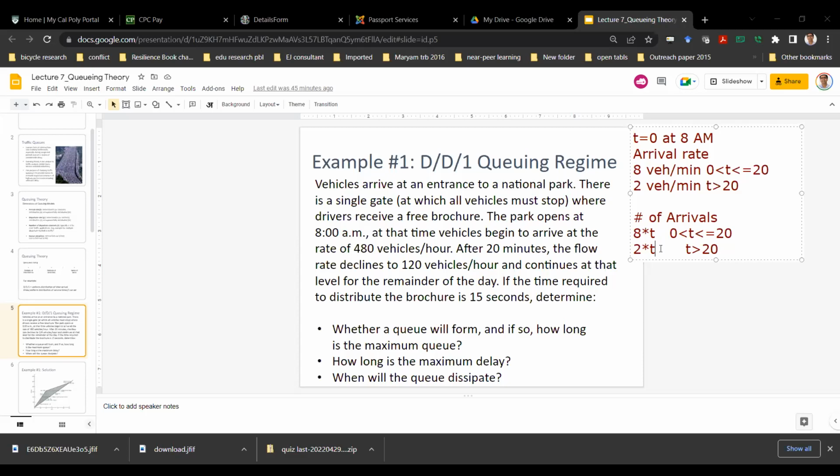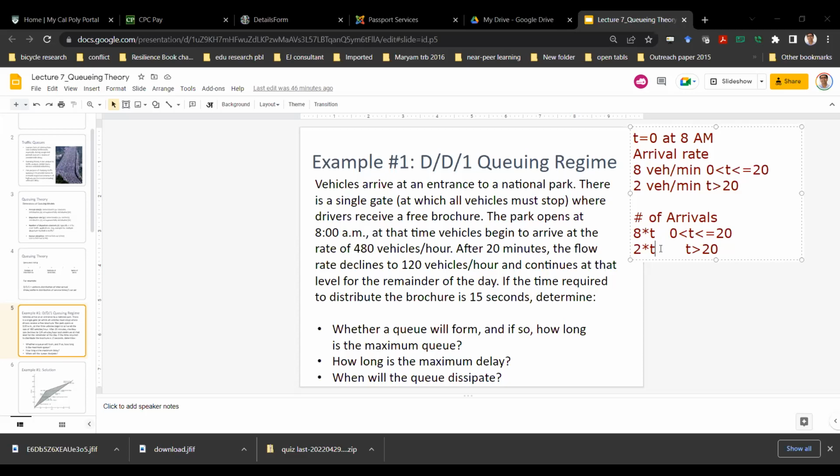So you're applying the top equation, 8 times t, that's perfect. But now let's think about how many vehicles would have arrived at t equal to 21? 162, right? But your equation says 2t. If I plug in t equal to 21 in this equation, do I get 162?